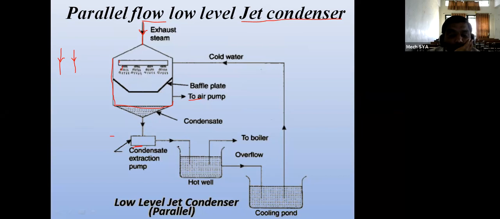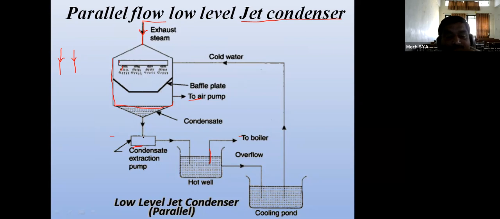This condensate extraction pump takes the condensate, forces it to come out, and it is collected in the hot well. Hot well means where we store the hot water, the hot condensate, and afterwards we supply it to the boiler. It will not come directly because the pressure inside the condenser is low, a vacuum. So from vacuum to atmosphere, it will not come directly.